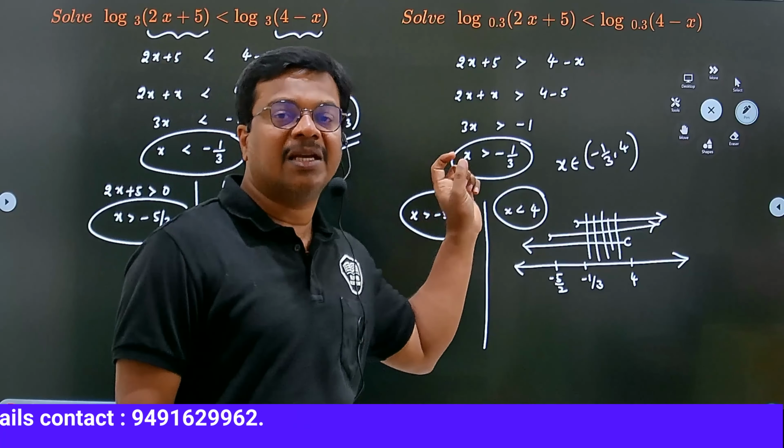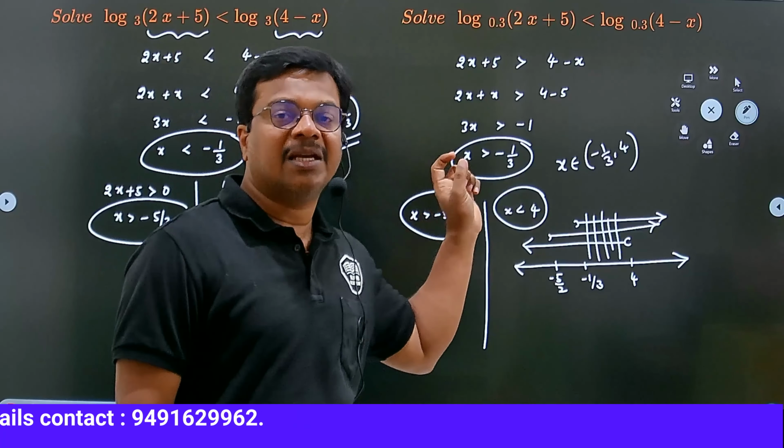See, if you apply base 4 on both the sides, then what happens, observe. 4 power log with base 4, these two are inverse to each other, they get cancelled, the remaining part you will get, and in the right hand side you will get 4 power 0, that is 1.